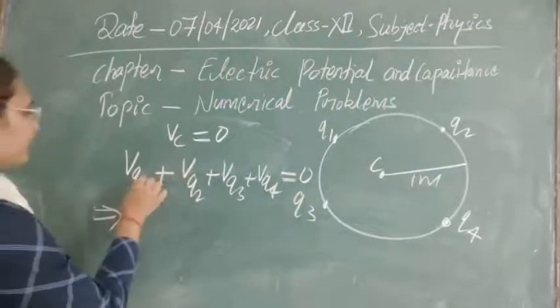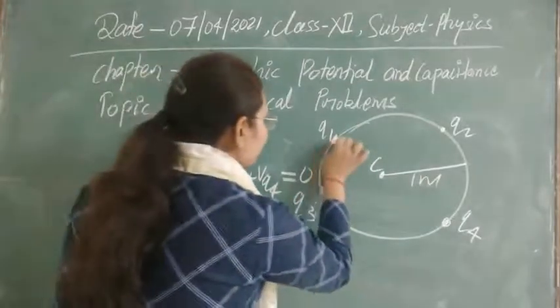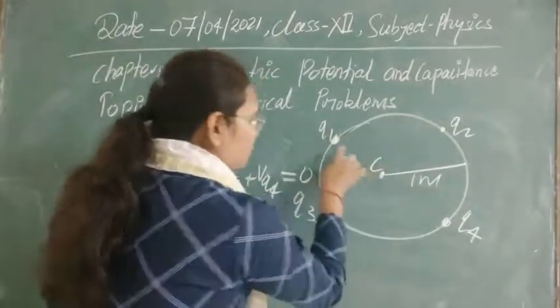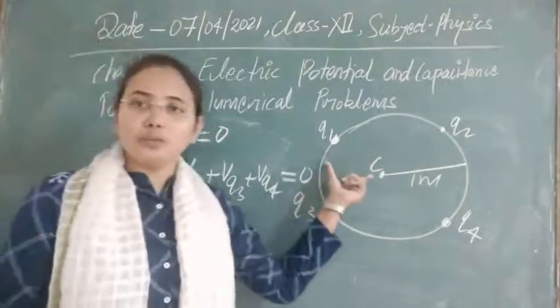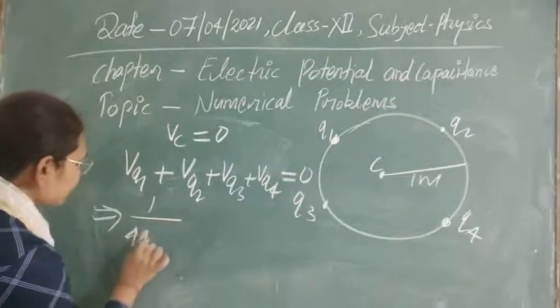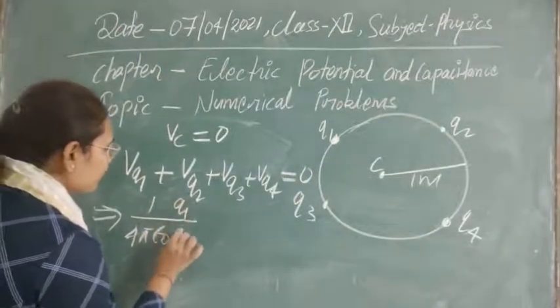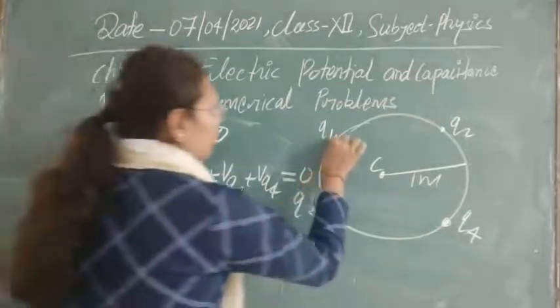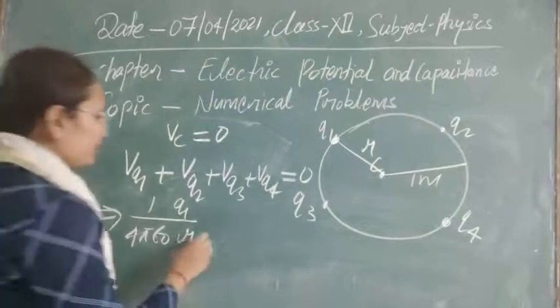If we calculate the potential due to charge Q1, it behaves just like a point charge. For a point charge, the potential is given by 1 upon 4 pi epsilon 0 times Q by R. So this will be equal to 1 upon 4 pi epsilon 0 Q1 divided by R, where the distance I am taking just as R, or you can write 1 also.